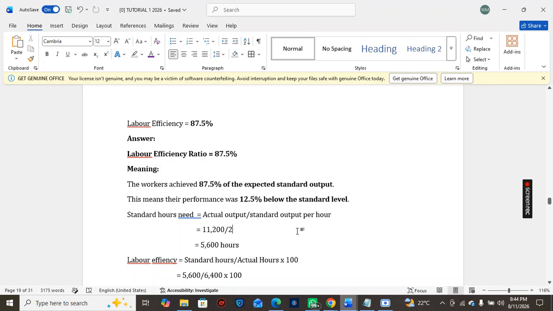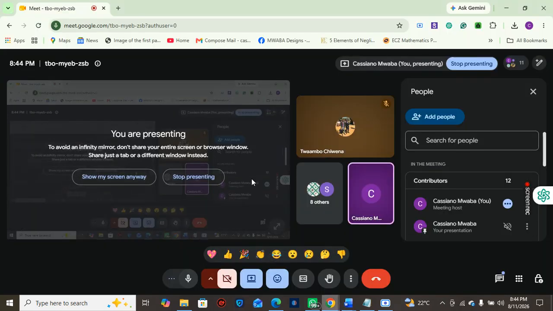Were we being efficient? Colleagues, you are supposed to take 5,600 hours, you took 6,400 hours. Or you're supposed to produce 12,800 units for the hours you worked, but you only produced 11,200. Are we being efficient, Madam Luendo?